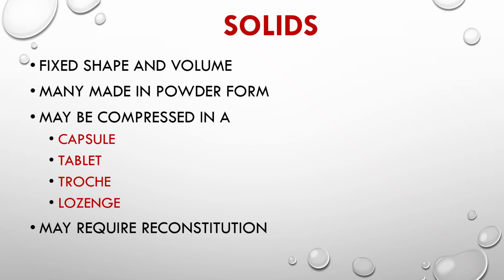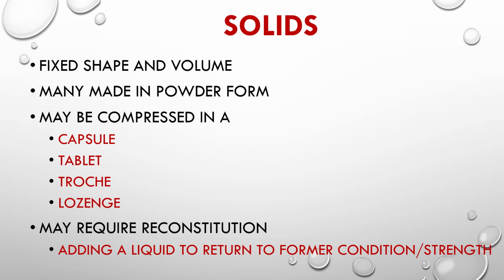So if it needs to be given in an IV, we can't put a solid in an IV. So we have to dissolve that powder with water or with alcohol, get it into a liquid form. So that's considered reconstitution. So again, that's adding that liquid to go back to a liquid.